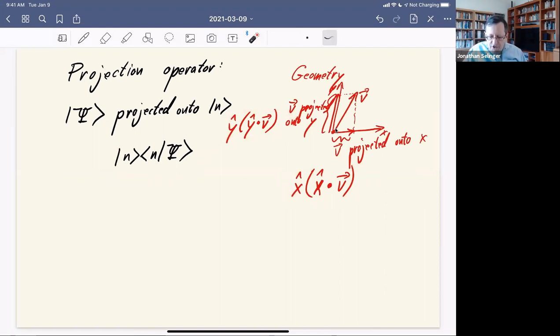This is something proportional to the ket n because it is the ket n times a complex scalar. So it's in the direction of the ket n, and it has the right magnitude to correspond to psi.